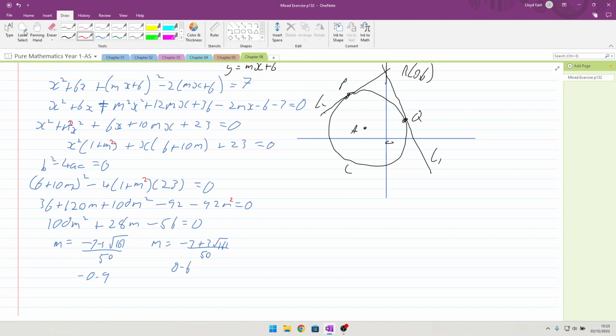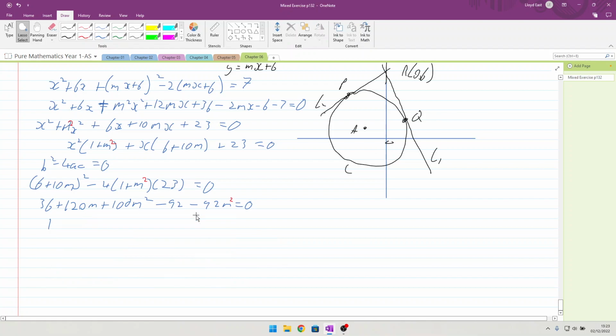So we can take away all of these last 3 lines or so, which are going to be affected by that and be wrong. Okay, and now just redo the last quadratic that we had here. So 100 take away 92 leaves us 8m squared.